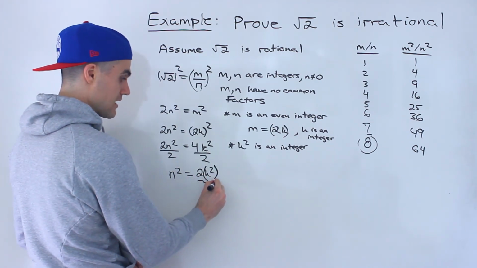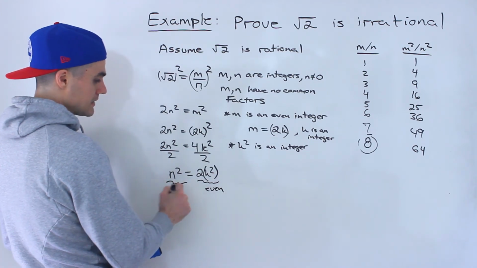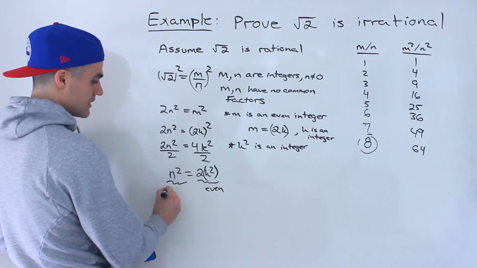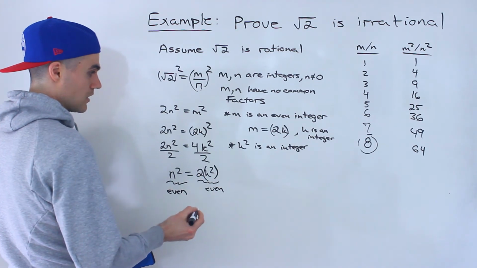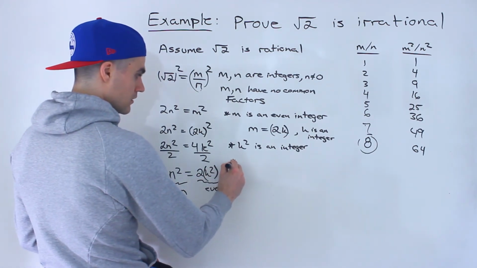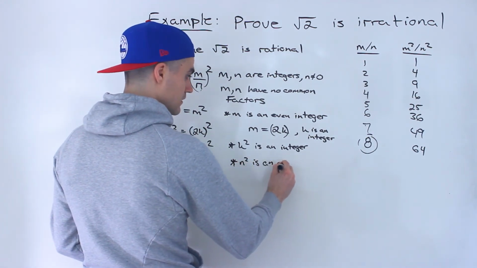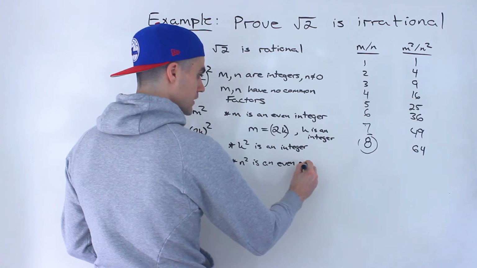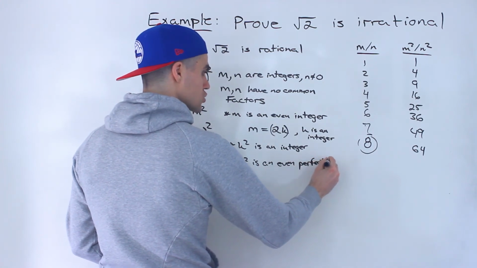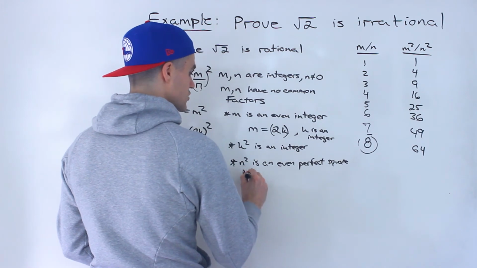So notice how this is going to be even, which means that n squared is going to be even as well. So from here, n squared is an even perfect square integer, just like m squared was.